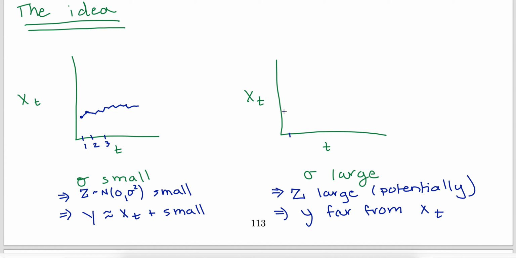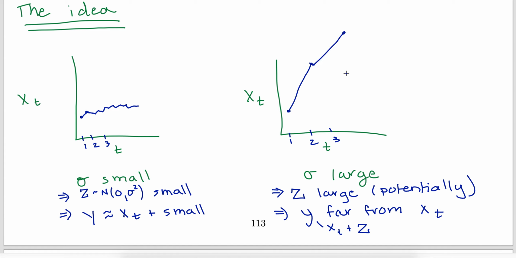So, for example, in my picture here, at time 1, maybe my current position is right here. y, reminder, is my current position plus z. So if z is this large value, because it's coming from a normal distribution with a large standard deviation, I'm allowed to go out far. So y is going to be my current position plus some far error. I could be here and potentially go way up here for my second time slot. My third, I could potentially go really far from there as well.